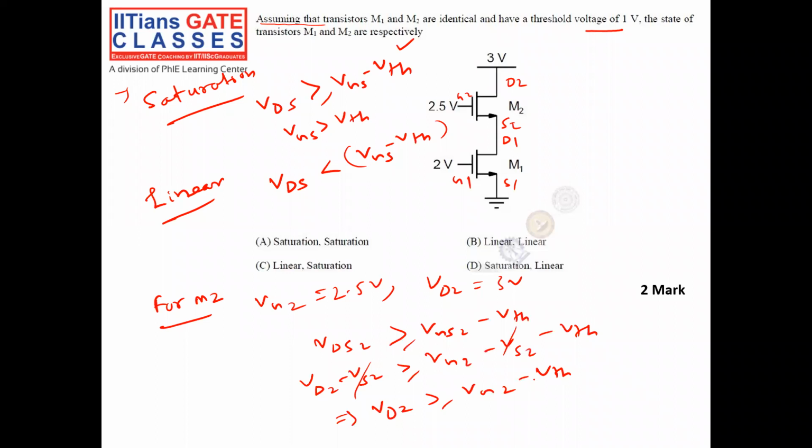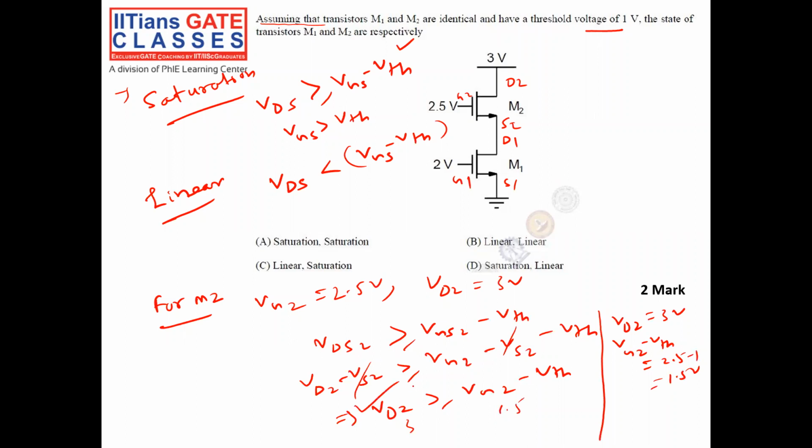Now you see VD2 is equal to 3 volt, and VG2 minus VTH is equal to 2.5 minus 1, which is 1.5 volt. So VD2 is 3 volt and VG2 minus VTH is 1.5 volt.